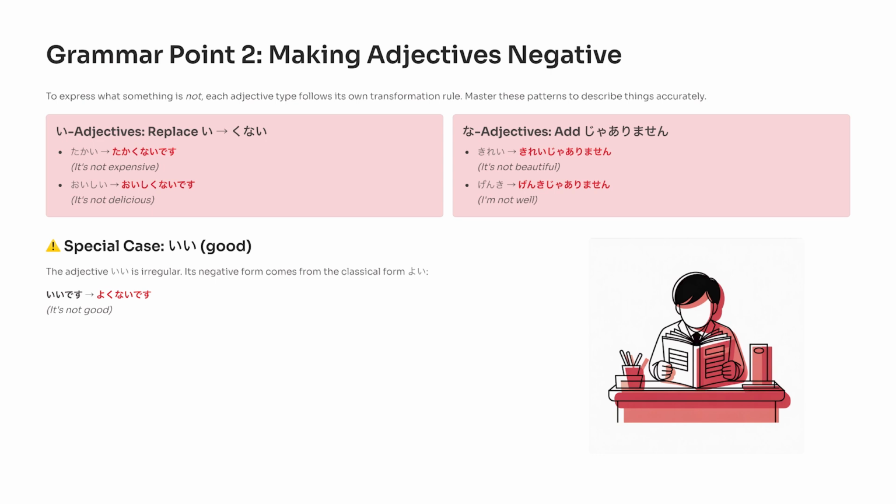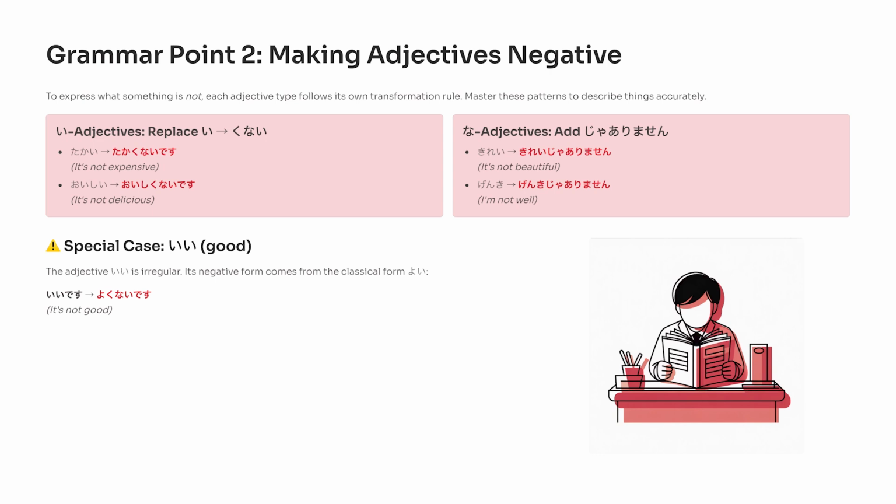There is one very important exception that every Japanese learner should remember. The adjective いい, meaning good, does not follow the normal pattern. Its negative form is 良くないです, not いいくないです. This is because いい originally comes from the older form 良い.